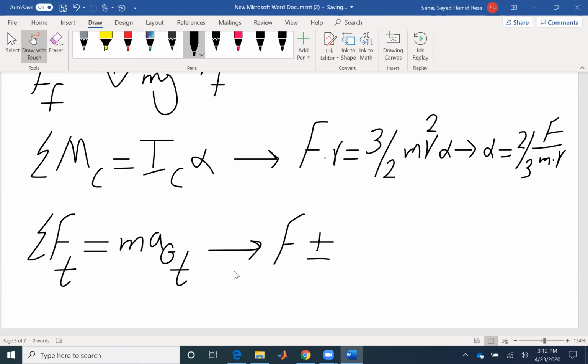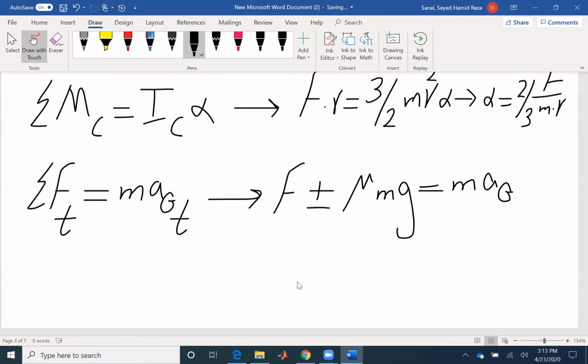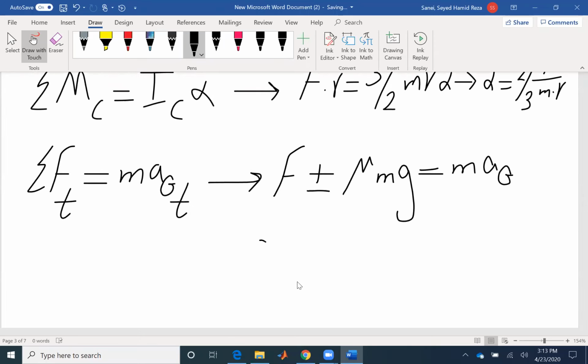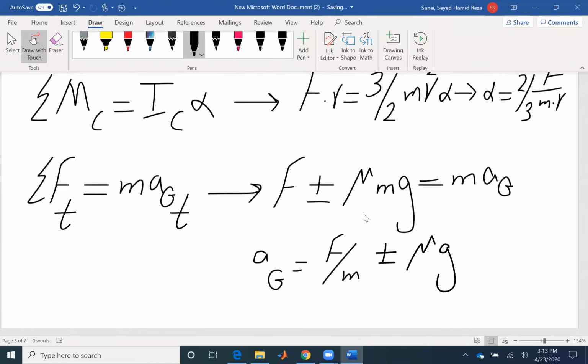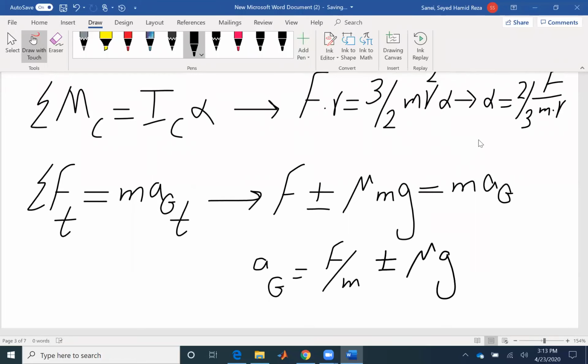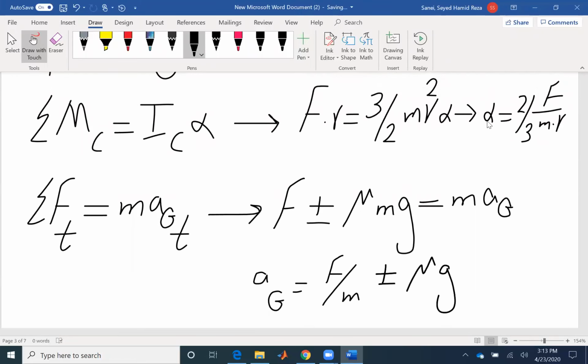The friction force would be mu N, so N would be mg here, plus m a_G would simply be F over m plus minus mu g. In case of rolling, a_G should be equal to r alpha.